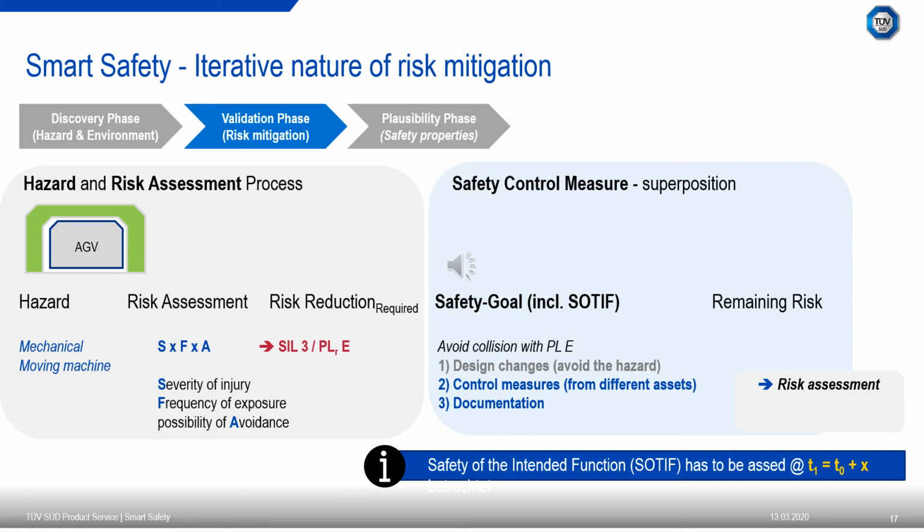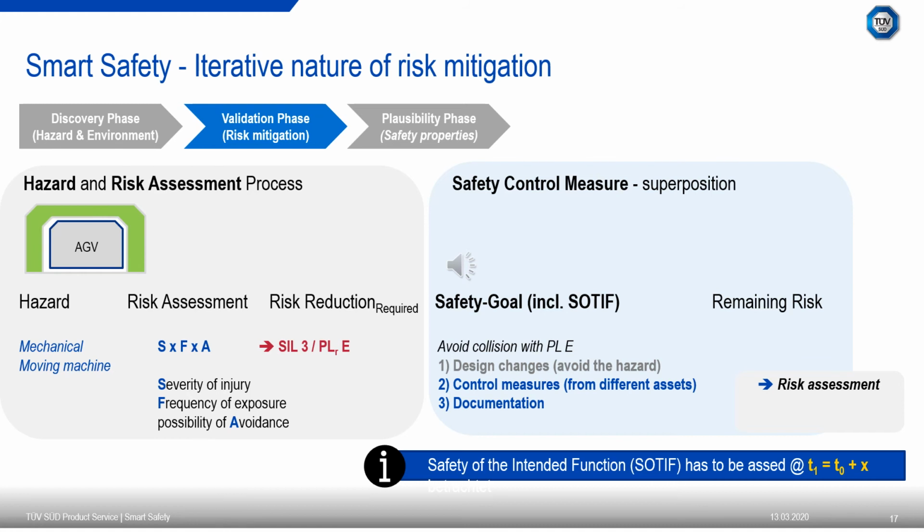We cannot, with design changes, avoid the hazard because the HUV is moving. But we can discuss only the control measures from different assets that we bring together to achieve our safety goal. In this context, I like to mention that we have also to consider that a lot of new functions will have this what is called SOTIF, safety of intended functionality.